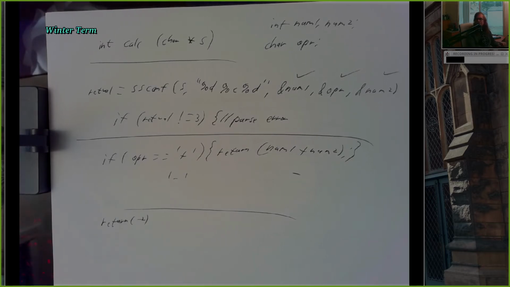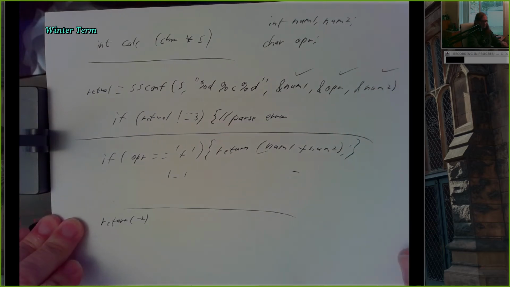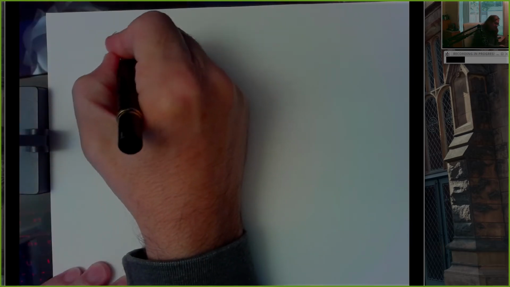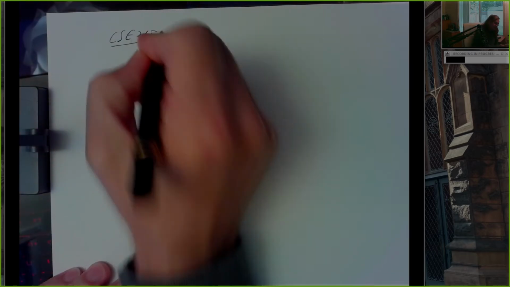All right, let me make a brief comment about winter terms. So I posted a survey a few days ago asking about people's preferences and requirements for winter term. And this basically involves CSE215 and CSE222. So CSE215 is discrete structures.